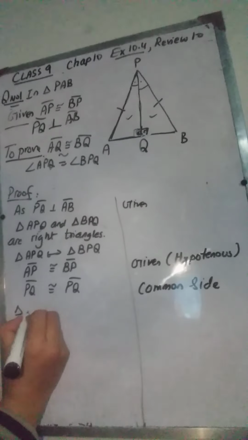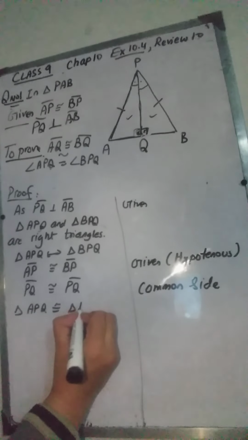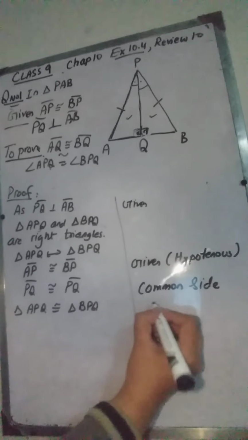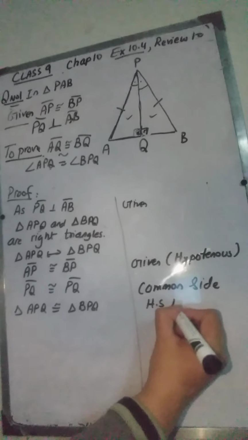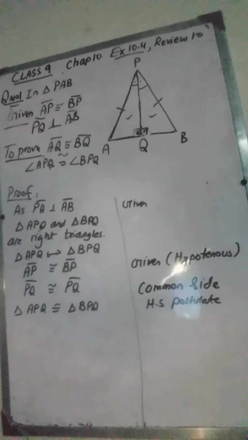Now by the HS postulate we can say that triangle APQ is congruent to triangle BPQ. This is because of the HS postulate that we proved in theorem 10.1.4, and we have already proved that earlier.